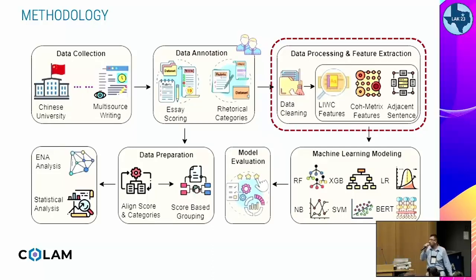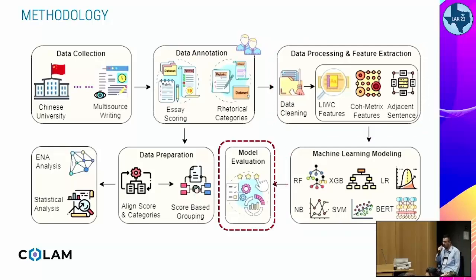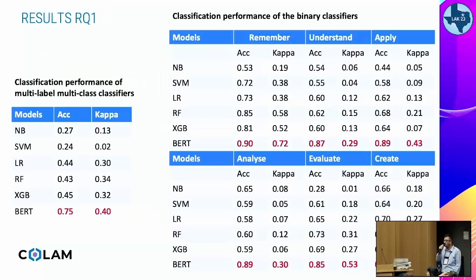So first, we explored whether this task can be set as a multi-label, multi-class classification task, and how the models in this type of task would perform. And we found that the BERT-based deep learning model performed the best with accuracy of 75% and kappa of 0.4.